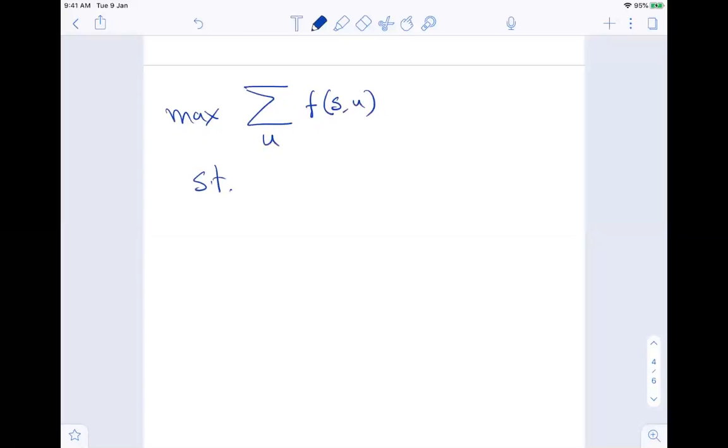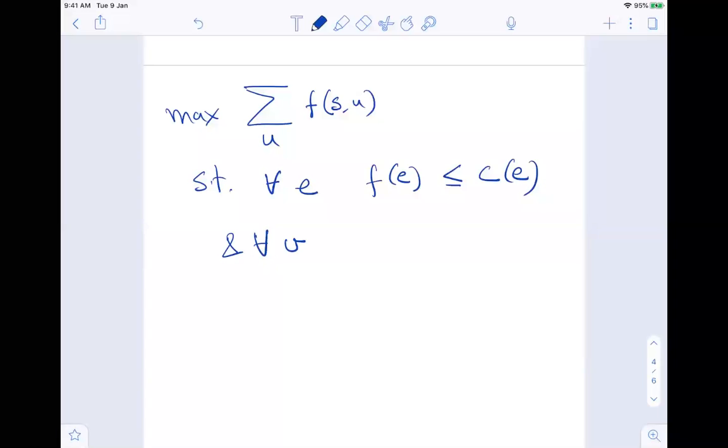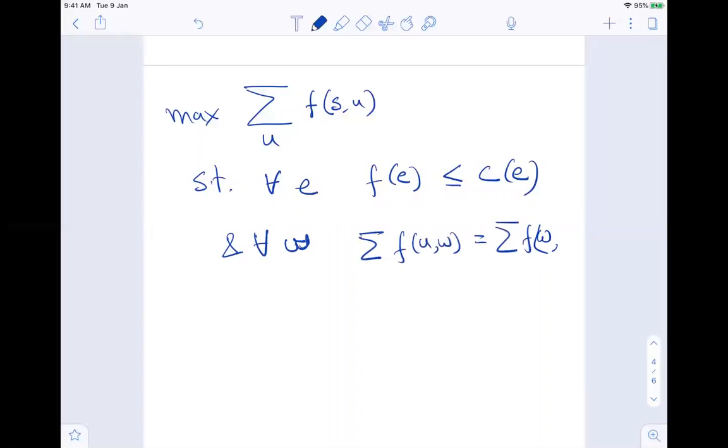For all e, f(e) is less than or equal to c(e), and for all vertices w, the sum of f(uw) is equal to the sum of f(wu).